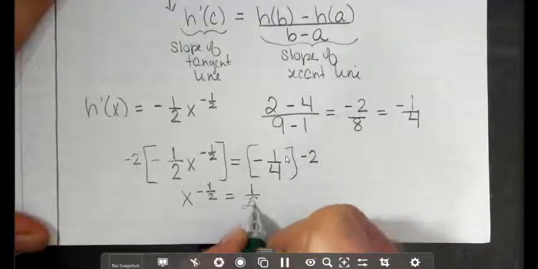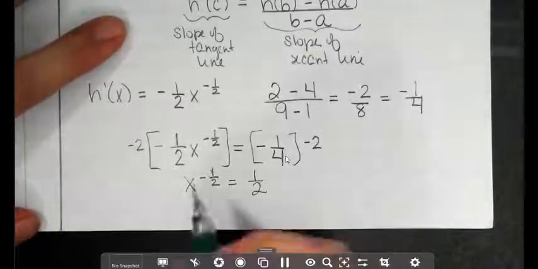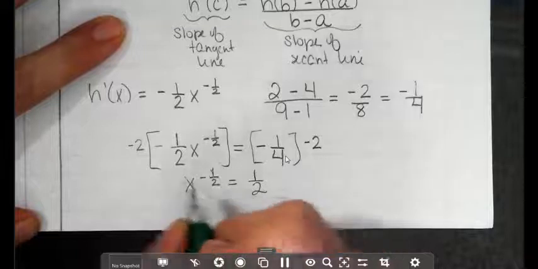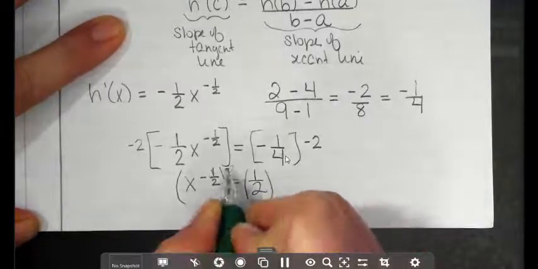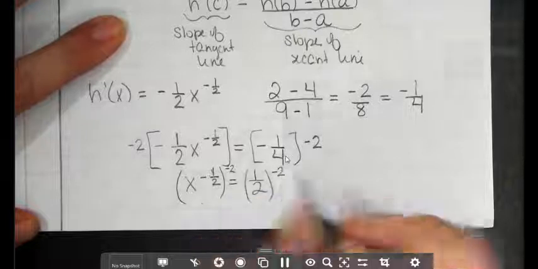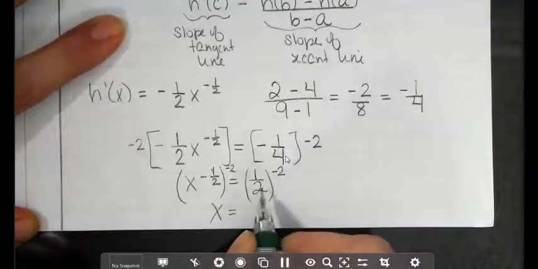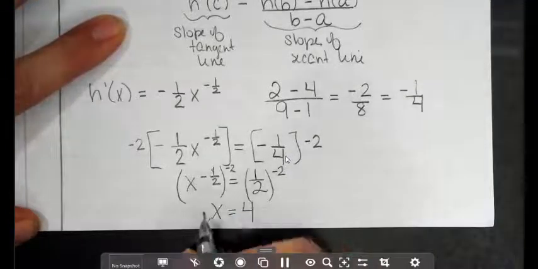That's just going to end up giving me 1/2. Then I want to turn this just into x, so I'll raise both sides to the negative 2. This side just becomes x. This side is going to flip, and I'm going to square it, so x equals 4.